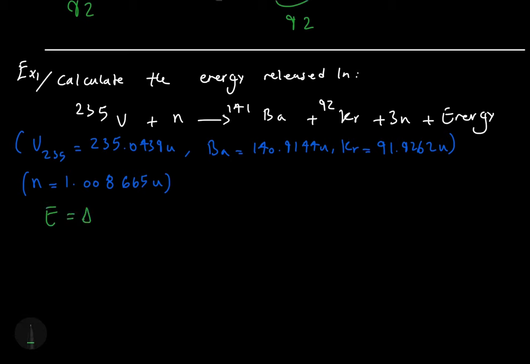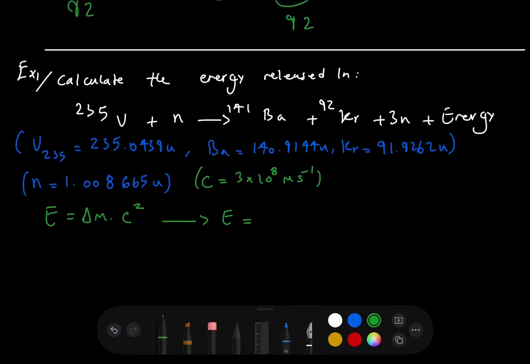So, the first thing you want to do is we know that from Einstein's energy-mass equivalence, energy is equal to the mass defect times the speed of light to the power of 2. The speed of light is just 3 times 10 to the power of 8 meters per second, and it's a constant number. To find the mass defect, you basically have to add up all the masses on the left side and subtract all the masses on the right side.